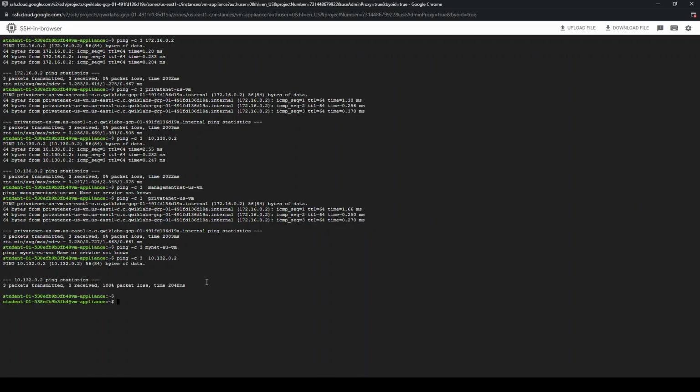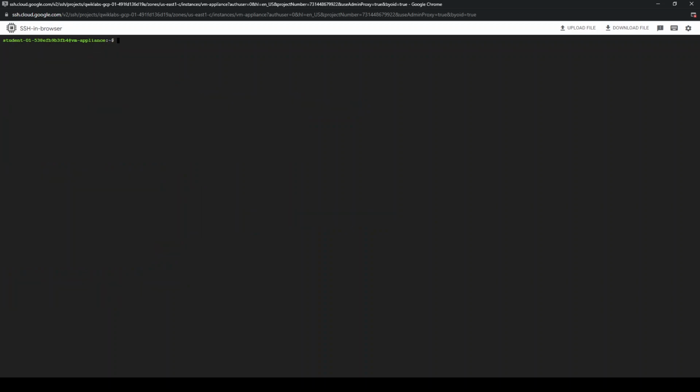But in the case they had the packet loss, we didn't add mynet. We added the private net and management net. Okay.